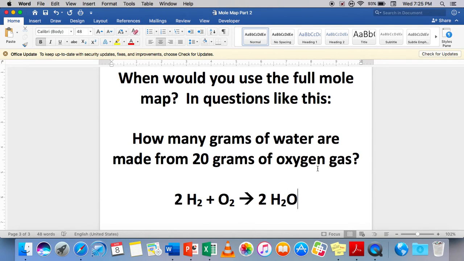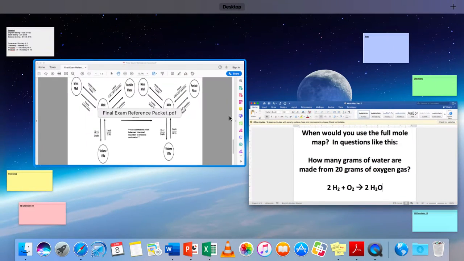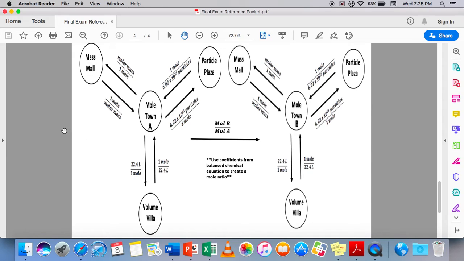This is where you're going to use Mole Town A and Mole Town B, when you see in the problem two different substances being asked. So I'm going to leave you with this mole map. I want you to draw this on your paper because you're going to be using this for the upcoming week when we solve full-blown problems going from the left-hand side to the right-hand side.